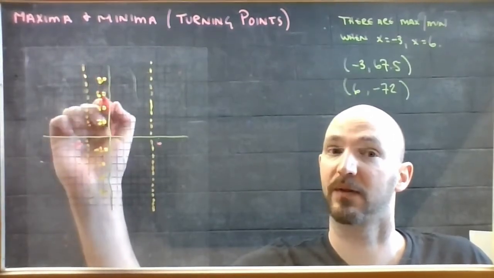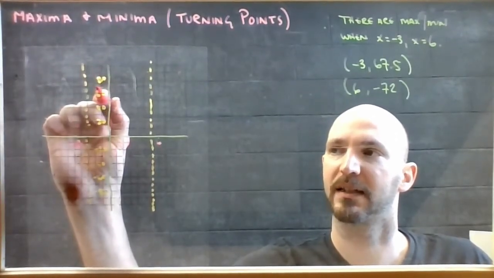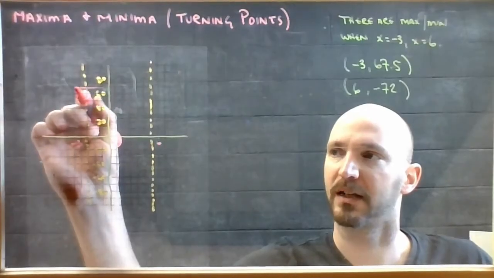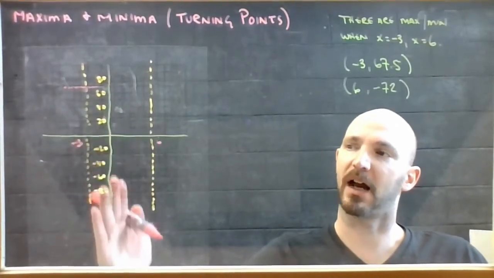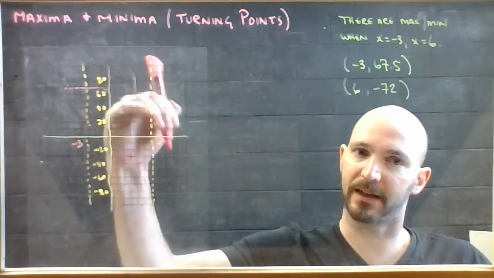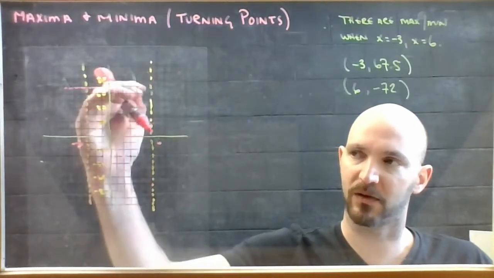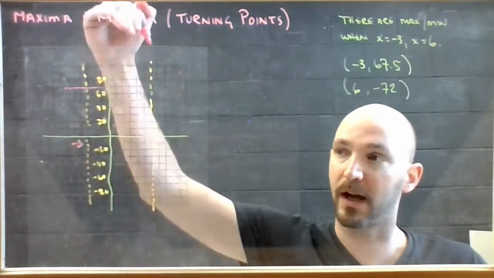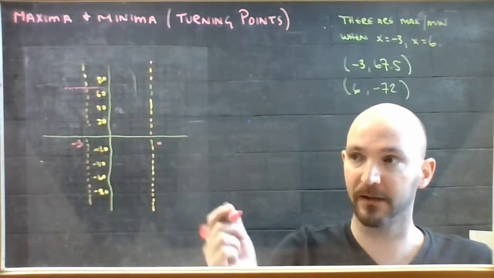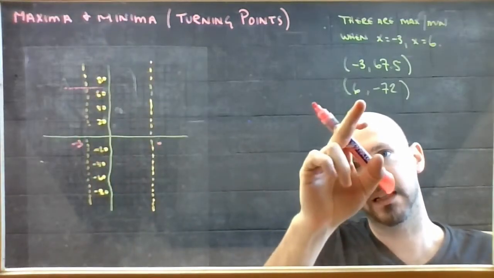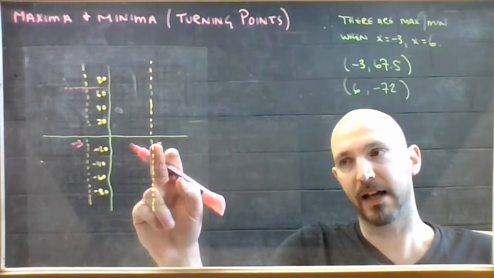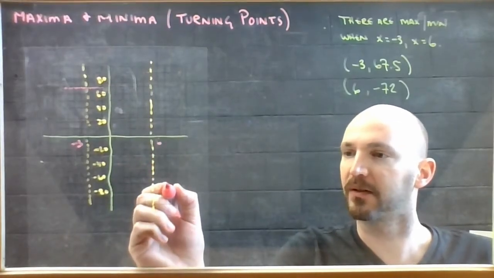When I curve sketch, I like to put this in as a dashed horizontal line, because I know that I either come into that thing like this, right? Come in, graze it, and turn away, or I come in from above, graze it, and turn away. My other one is at 6 on the x and -72, which is about here.